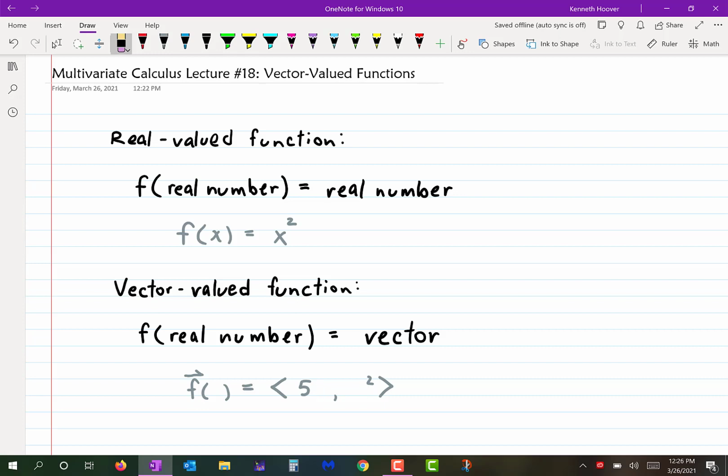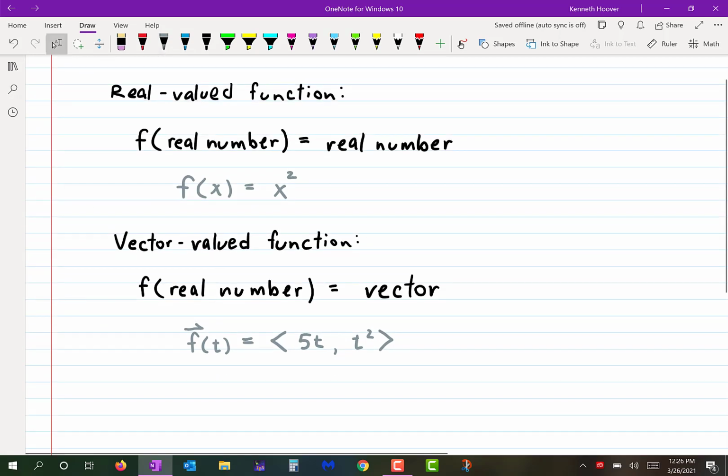We oftentimes use a t instead. That one I drew is a two-dimensional vector-valued function.